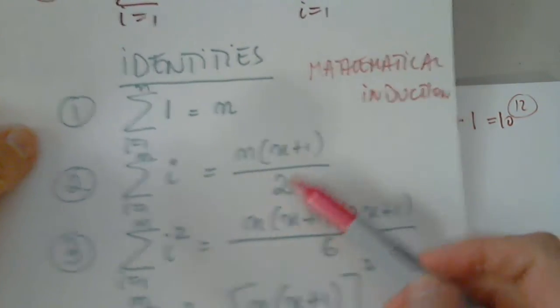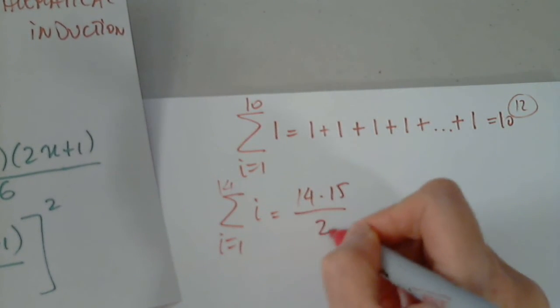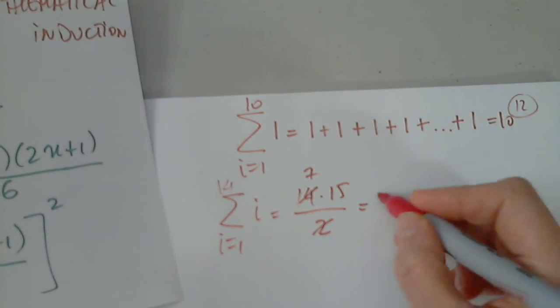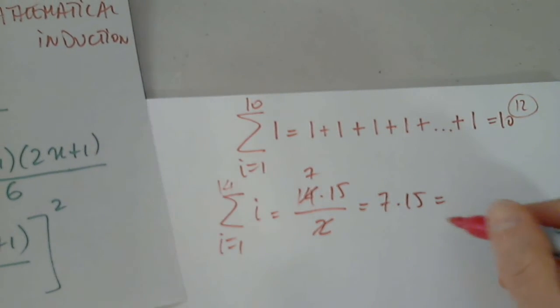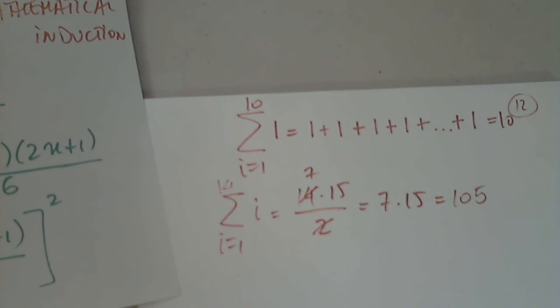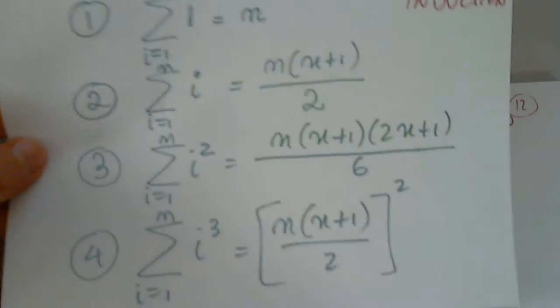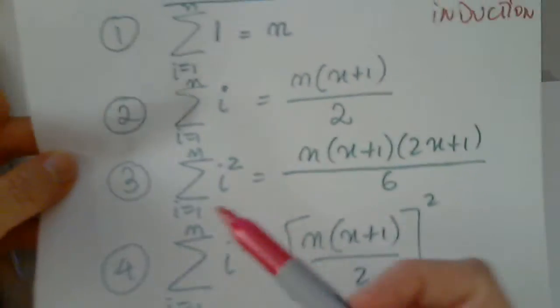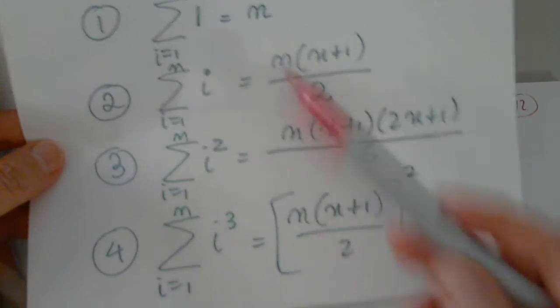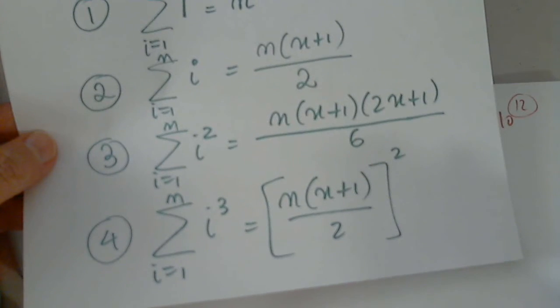It's n(n plus 1) over 2. 14 times 14 plus 1, which is 15, divided by 2. So this is your answer, 7 times 15. 105. If you want to determine the sum of any of this, put any n you want. Just plug it in, and you get the answer right away.